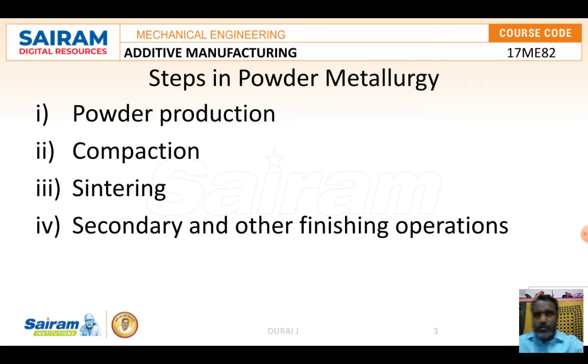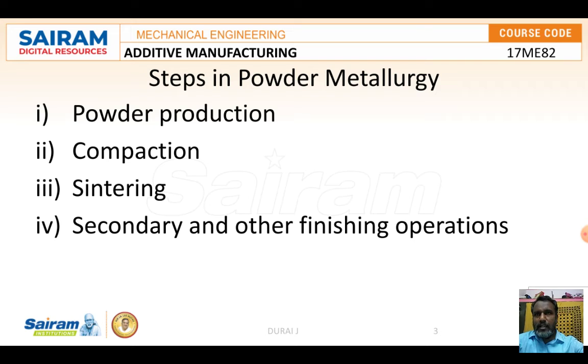Mainly the pressed part is usually called a green compact, and then taken for sintering. Consolidation of the powder may also be carried out at high temperature. Hot extrusion, hot pressing, and hot isostatic processing are examples of this category. So this is about the compaction step.